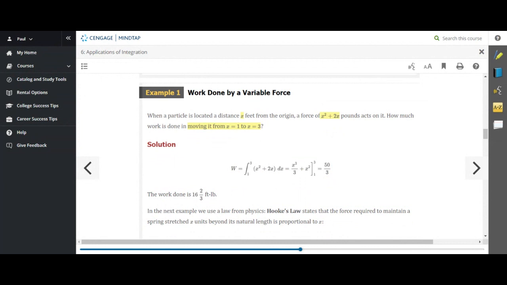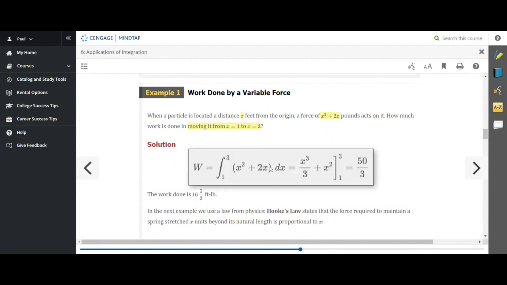Well, the work is just the integral of your force function with limits 1 to 3. So you end up getting 50/3, and 50/3 is just 16 2/3 foot-pounds. So that's the work done.